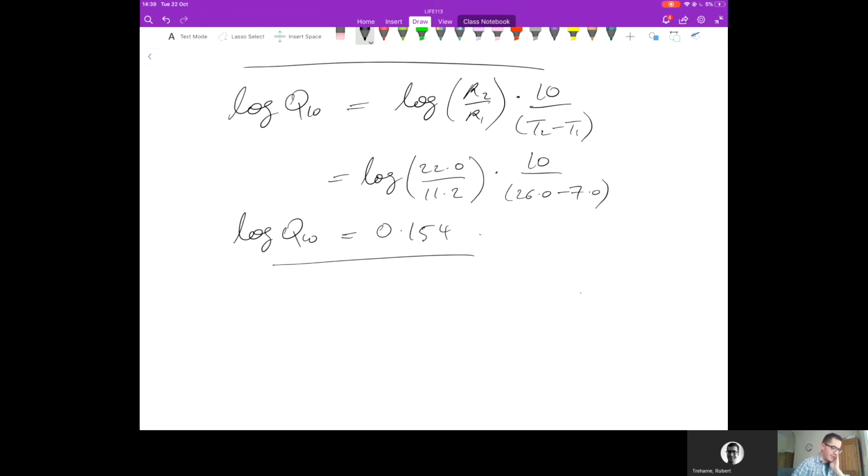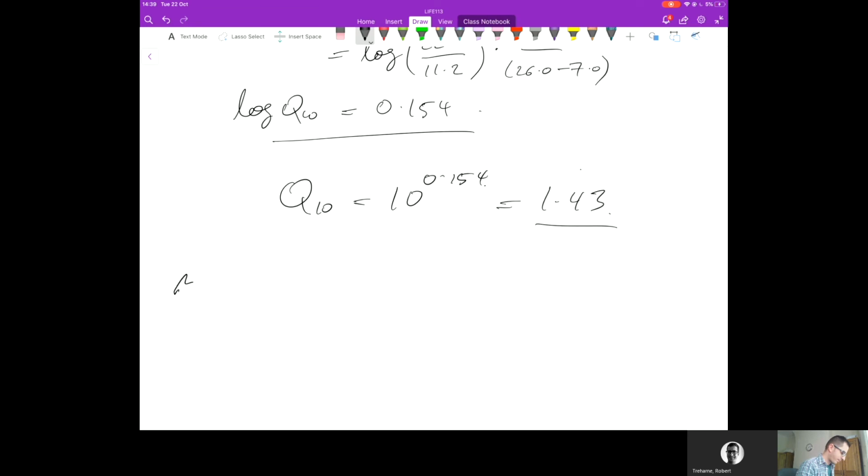Okay. Now, if this were an exam question, I would not be able to give you full marks for that answer, because I have asked you to calculate Q10, not the log of Q10. So how do you calculate Q10? Well, like this. Happy with that? You should be. Now, after doing all that, I get a value here of about 1.43. Okay.